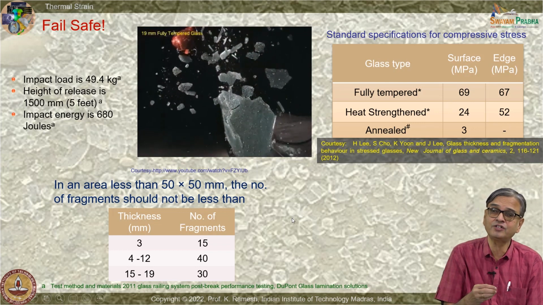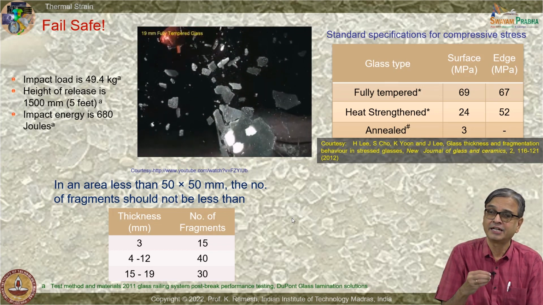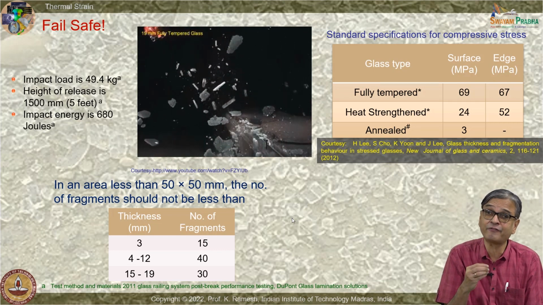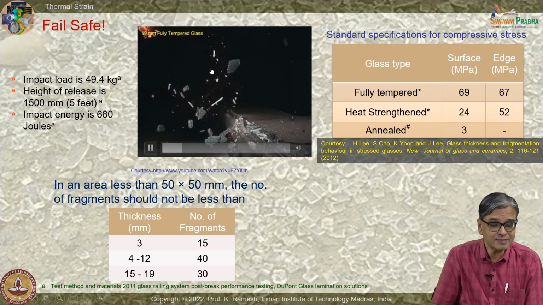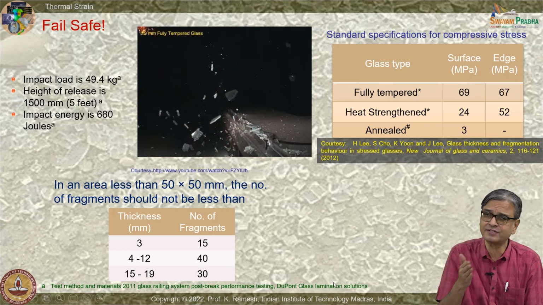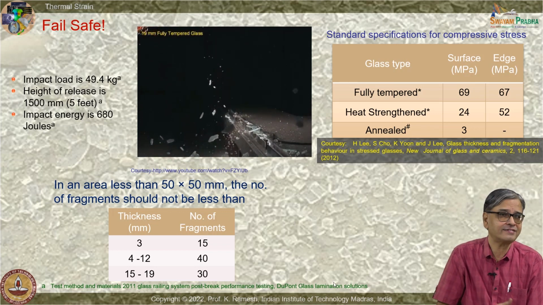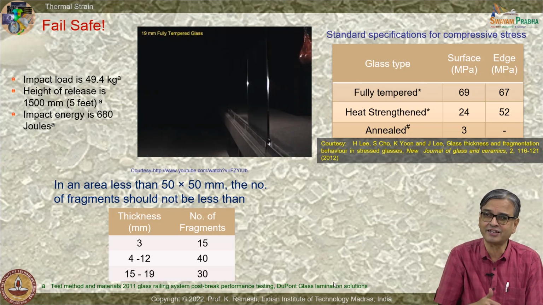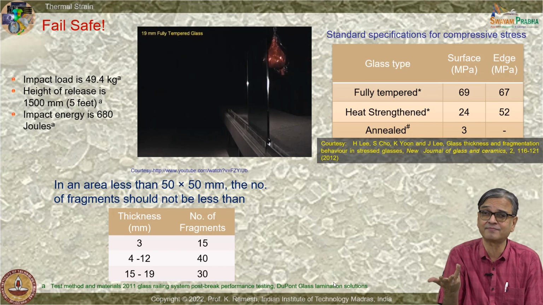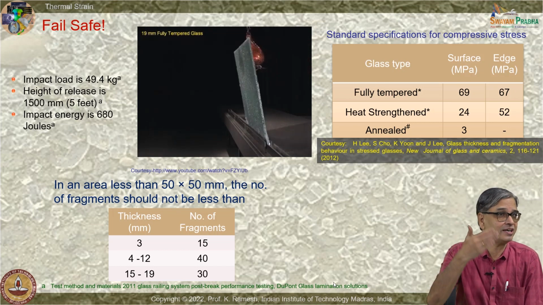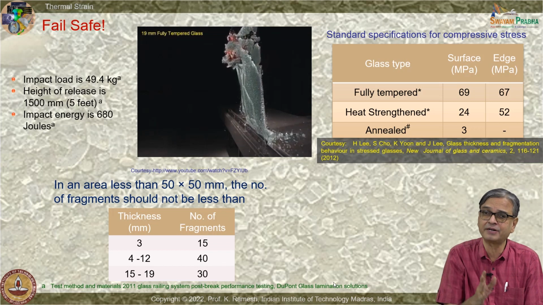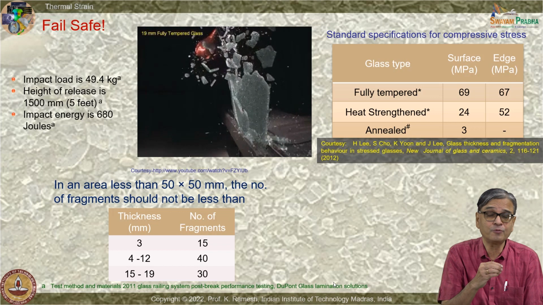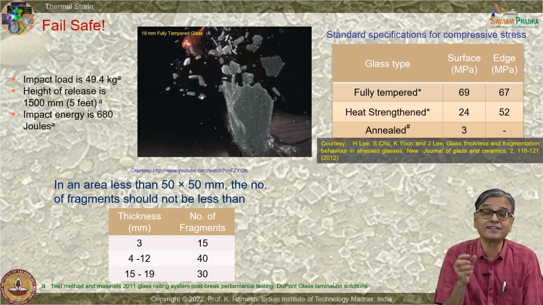So the advantage of tempering a glass is it improves the functional aspect of the glass, but even if it fails, you get small particles. You would have seen when there is a road accident, you see pulverized glass on the street. You would be wondering from where the glass has come. The windshield is all tempered, and they make it intentionally to break into fragments so that it does not harm you.